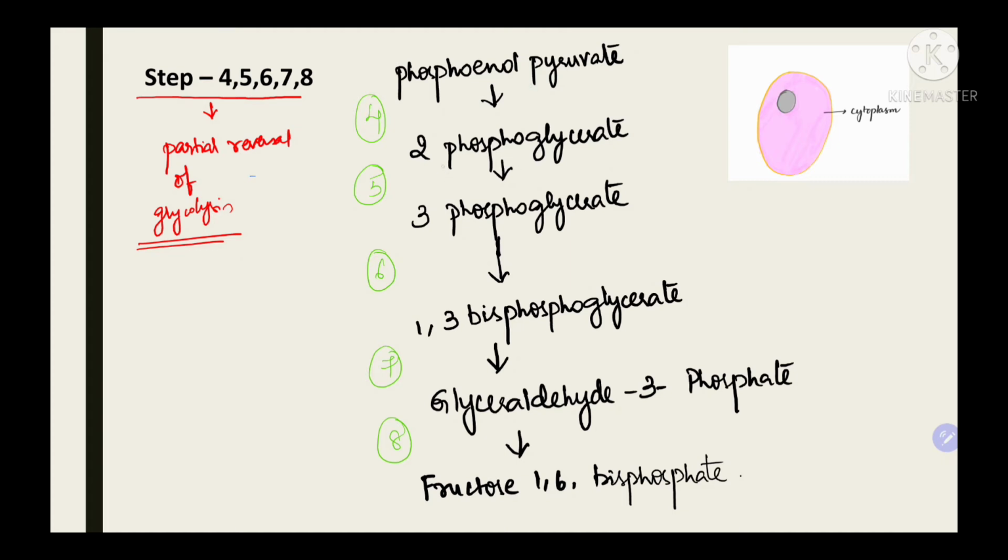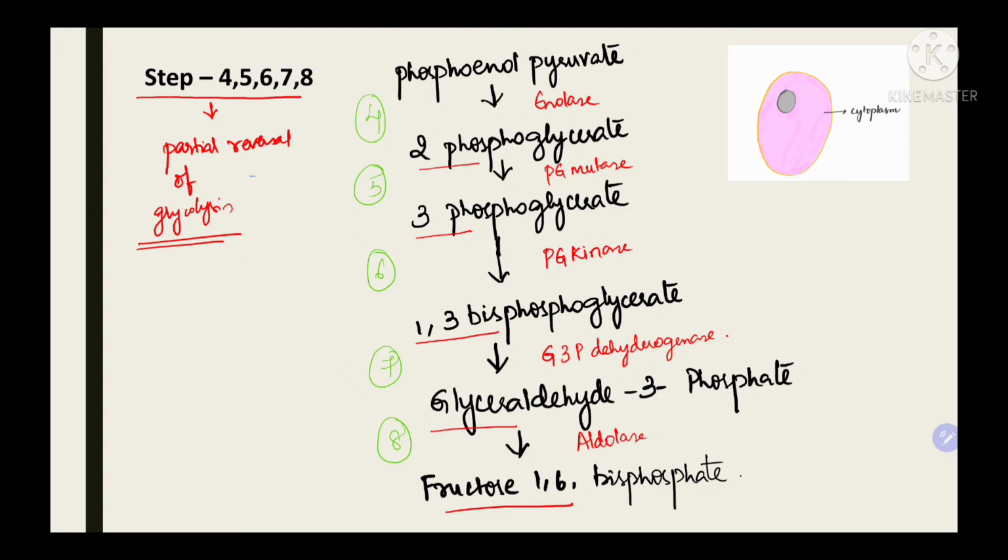The phosphoenol pyruvate is converted into 2-phosphoglycerate in the presence of the enzyme enolase, and 2-phosphoglycerate is converted into 3-phosphoglycerate in the presence of the enzyme phosphoglyceromutase, and 3-phosphoglycerate is converted into 1,3-bisphosphoglycerate in the presence of phosphoglycerokinase, and 1,3-bisphosphoglycerate is converted into glyceraldehyde 3-phosphate in the presence of glyceraldehyde 3-phosphate dehydrogenase, and glyceraldehyde 3-phosphate is converted into fructose 1,6-bisphosphate in the presence of the enzyme aldolase. So all these reactions take place in the cytoplasm itself.